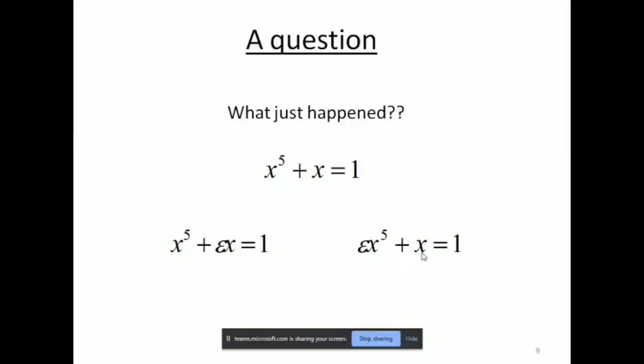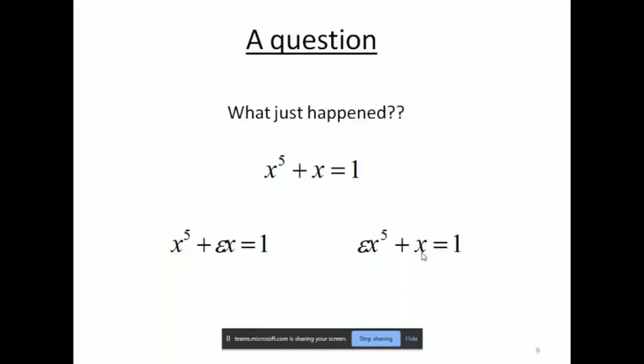But in the second case, when we put epsilon near x to the power 5, we see that when epsilon becomes 0, we are losing 4 roots. So we have only 1 root with us, and the other 4 roots are gone. And I specifically want to see where those 4 roots go and what has happened to them.